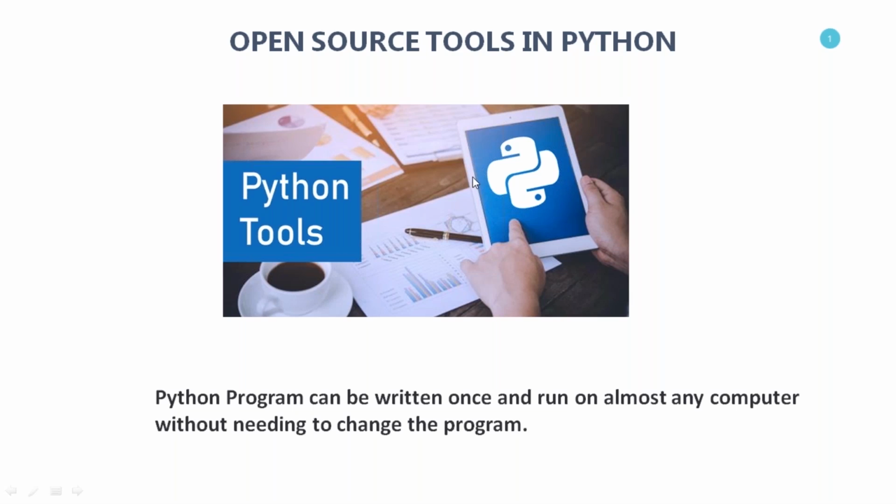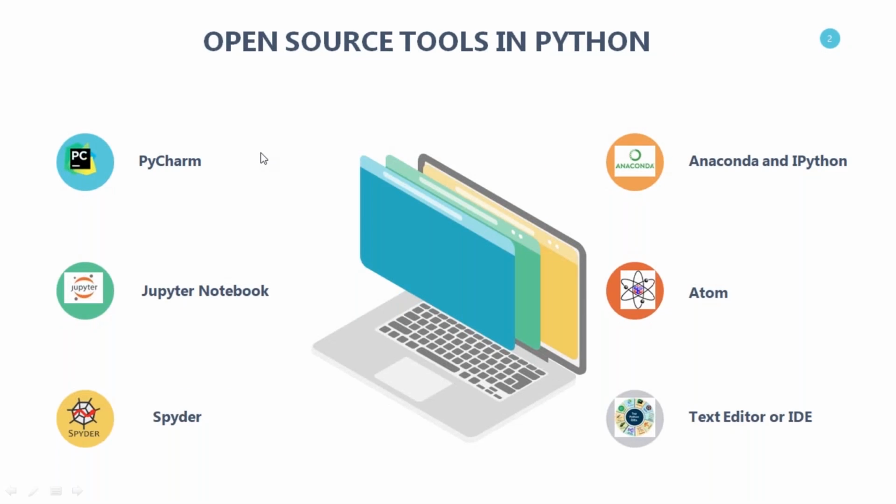So we can see some open source tools. There are many out in the market, but based on project experience and the market, we are using some tools extensively in all the projects. Let's understand PyCharm. PyCharm is one of the best tools to work on Python in all the projects.